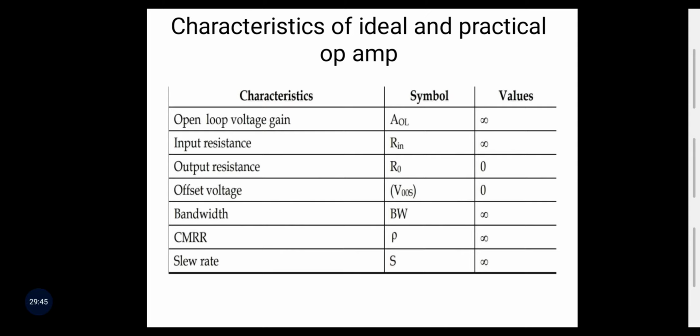Next we discuss the characteristics of the ideal and practical operational amplifier. What are the main characteristics? For an ideal op-amp, open loop voltage gain is infinite, but practically it has some gain AOL. Input resistance is infinite for an ideal op-amp, but practically it has some resistance Rin.